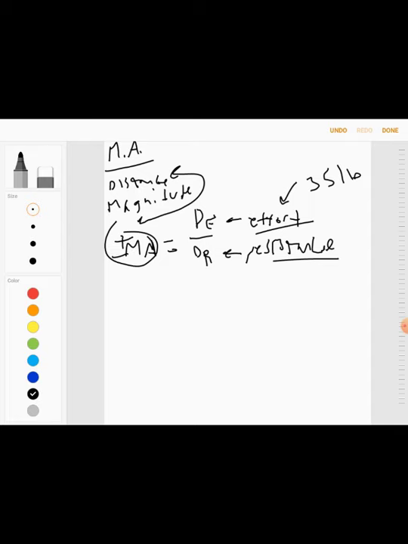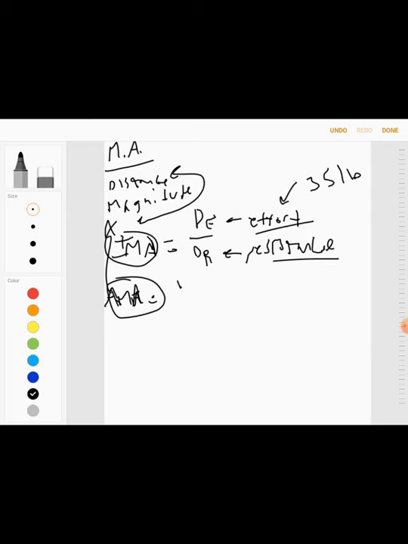Then there's also AMA. So AMA is a ratio of the magnitude. That's the other section of mechanical advantage, and it's the actual mechanical advantage. So ideal, actual.